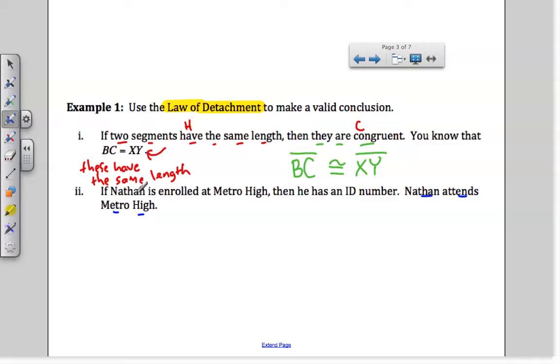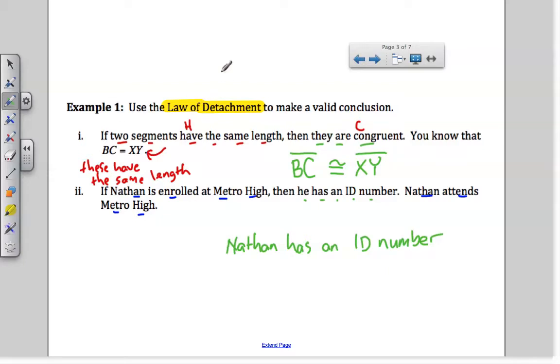If Nathan is enrolled in Metro High, well, they just said he attends or is enrolled at Metro High. Therefore, my conclusion is what the conclusion was of the if-then statement. Nathan, or he, has an ID number. Because that statement was true, and that's what followed from him enrolling there, I know that he has an ID number. The conclusion is also true of that statement.